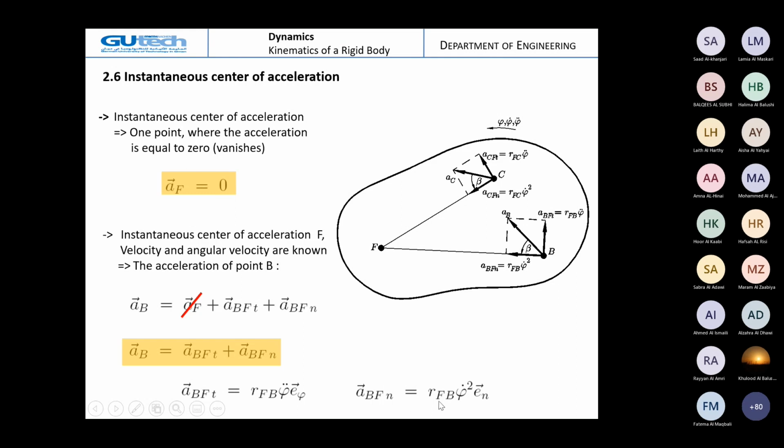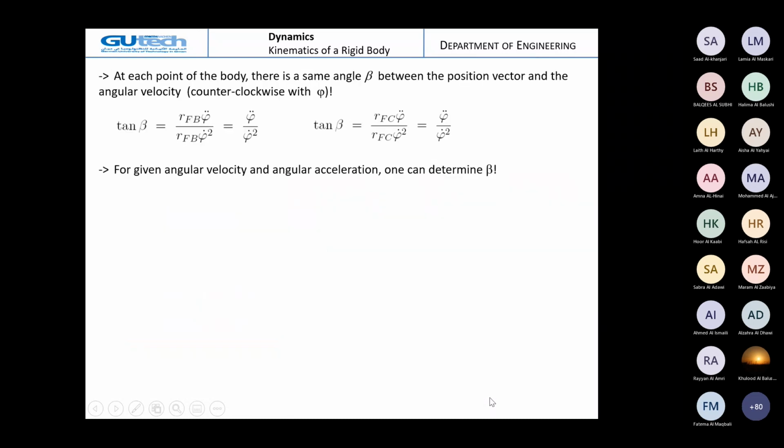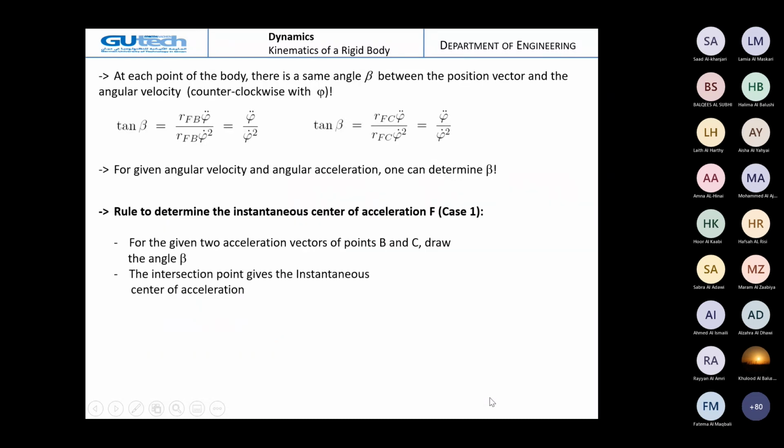For the normal one, it's only R FB phi dot squared an. Now, at each point of the body, there is the same angle beta between the position vector and the angular velocity, and here we turn always counterclockwise with phi. Then we have tangent beta.